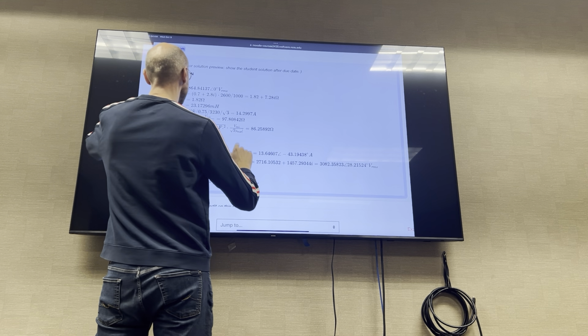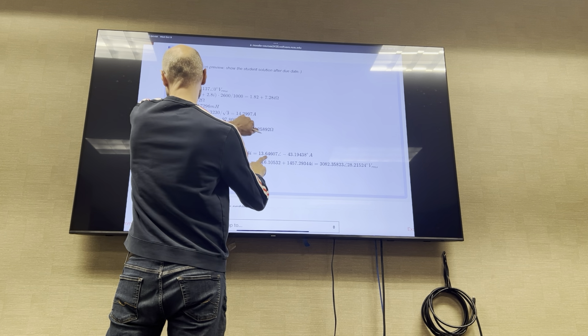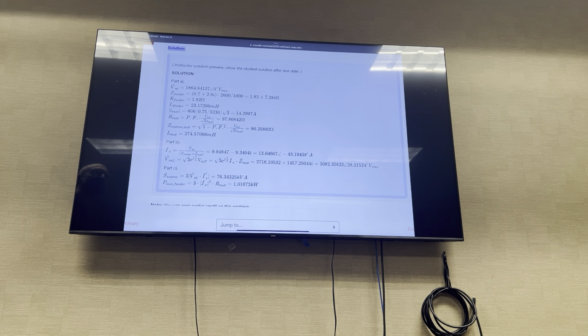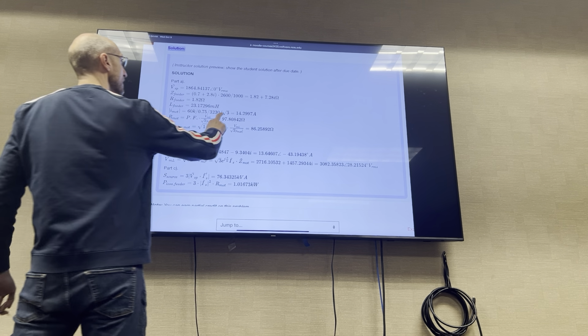But the question was, why are these two different? I motor and I_S. They should not be different because the capacitor has not been introduced. So how are they different? That is a good question. I think one of them is line to line, because it's being divided by square root of 3. You're right.